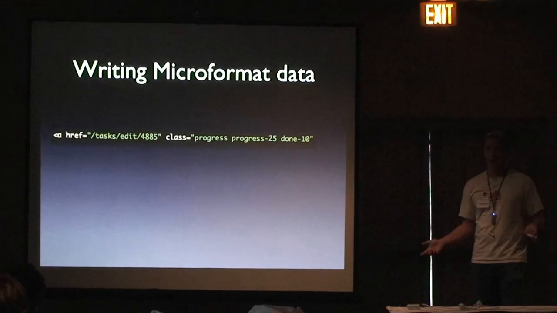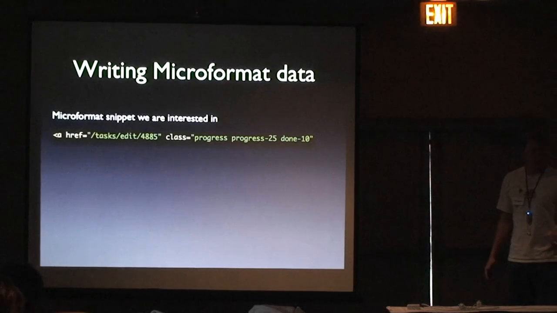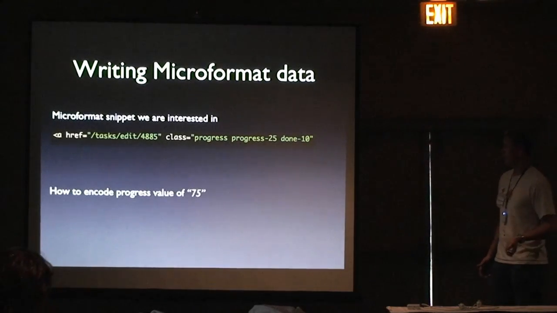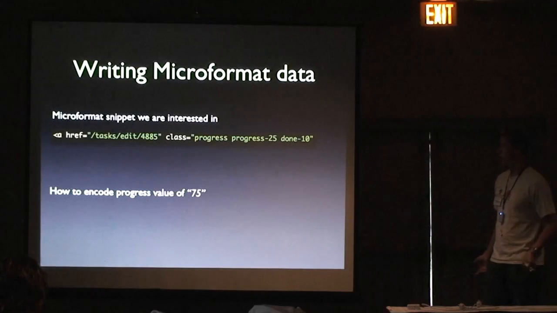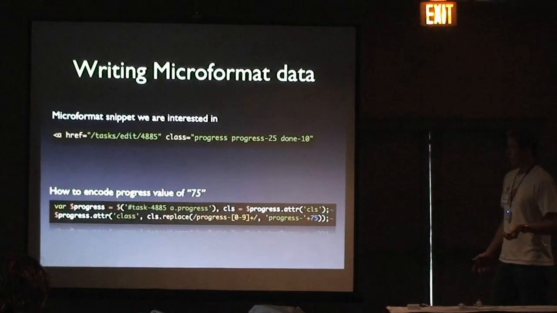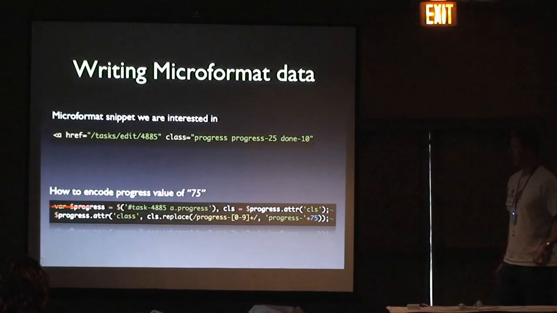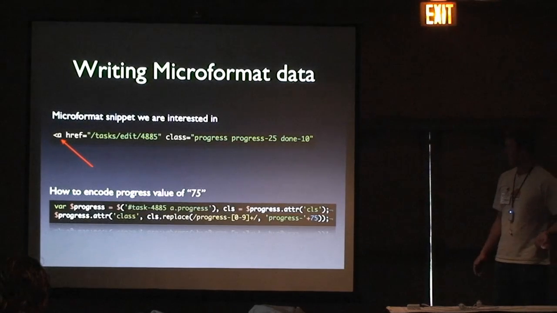All right, let's say we want to write to the microformat. And we're going to use the same example of trying to write to task.progress. So how do we encode, let's say, a progress value of 75? Well, this is one way to do it. The first thing we do is we find the progress anchor in the DOM by, again, using the task ID and then finding the a.progress element up here.